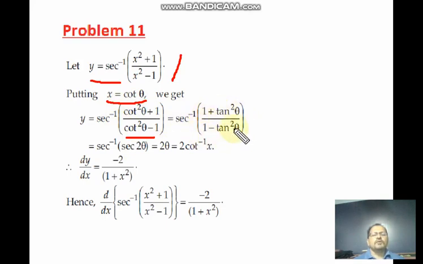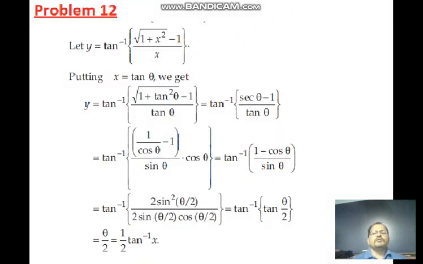This is the formula for sec 2 theta, because cos 2 theta is 1 minus tan square upon 1 plus tan square. Sec inverse sec cancelling each other, 2 theta remains, that is 2 cot inverse x, derivative is minus 2 upon 1 plus x square.